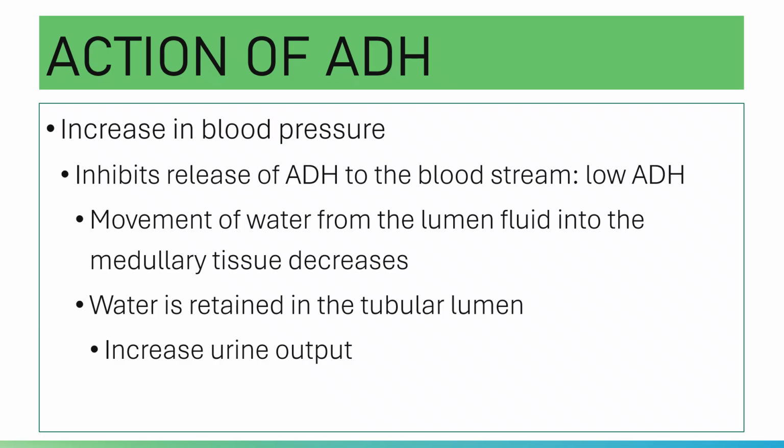Please note that as the plasma level of antidiuretic hormone decreases, the epithelium of the collecting tubules changes in such a way that the movement of water from the lumen going into the medullary interstitium decreases. The cells in the collecting tubule will prevent the movement of water from the lumen to the medullary interstitium.